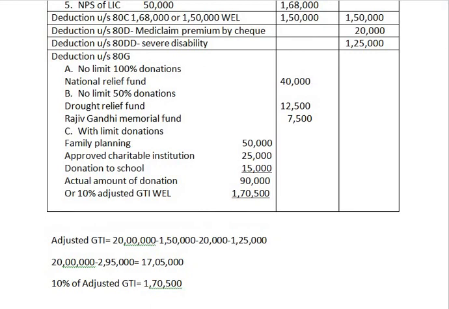Take on the next line, the actual qualifying with limit donation is 90,000.